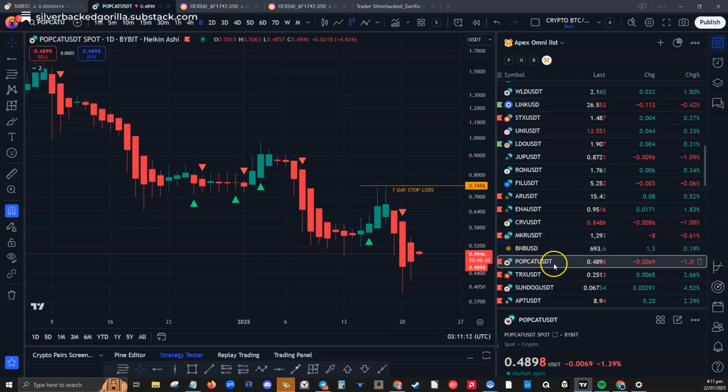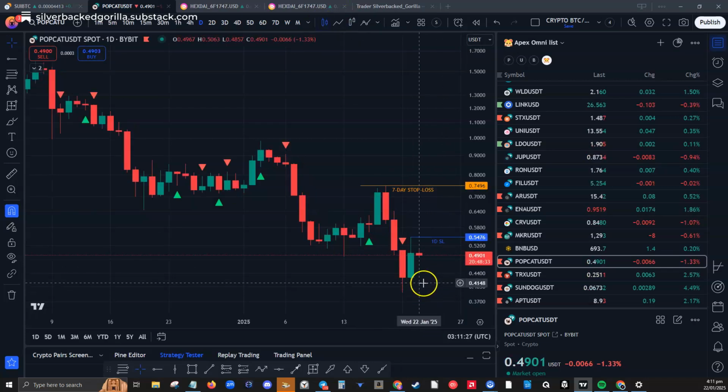Popcat is a sell on the weekly, and it's a sell on the daily with an EMA smooth Heikin-Ashi indicator saying it's a short. Let's have a look at what the candles are saying around this cluster. We never push past the actual size of that candle on this side.